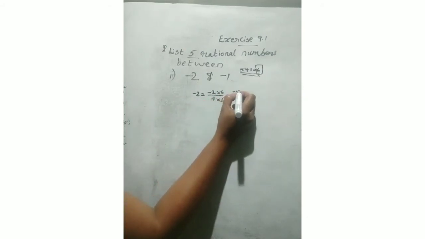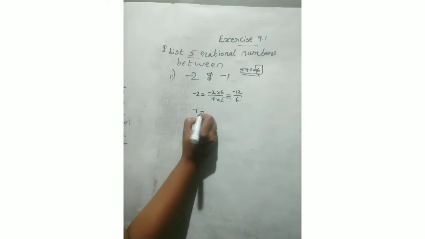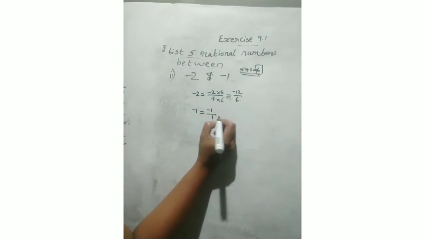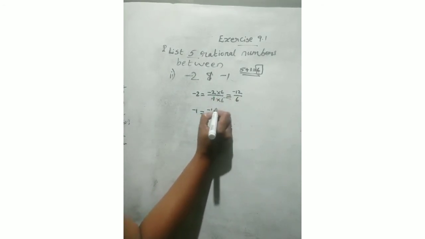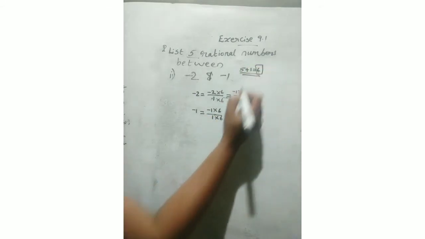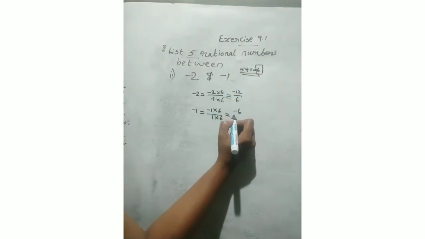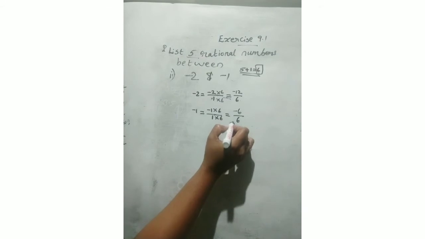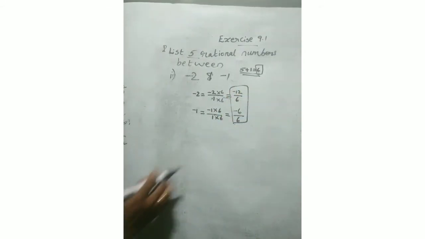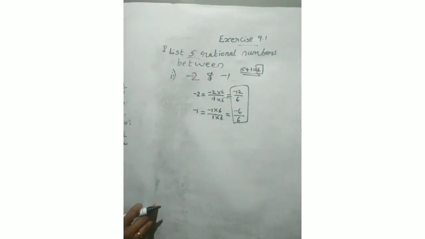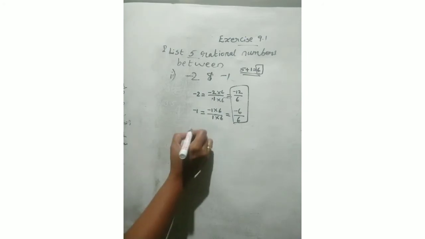Then negative 12. Next, negative 1 is equal to negative 1/1. Here also we multiply both numerator and denominator by 6. Then negative 6/6. Can we find rational numbers between these two rational numbers? Yes. How can we write?